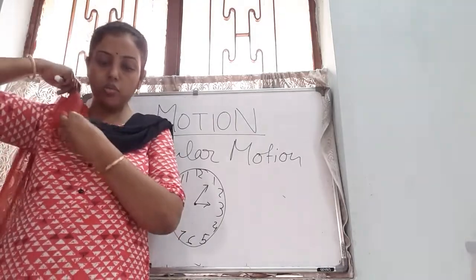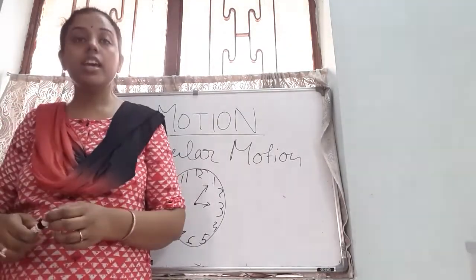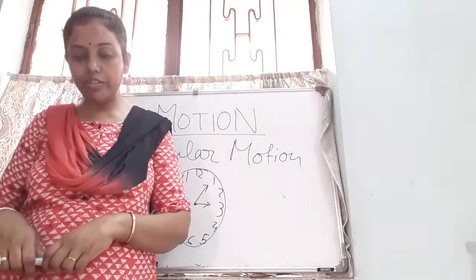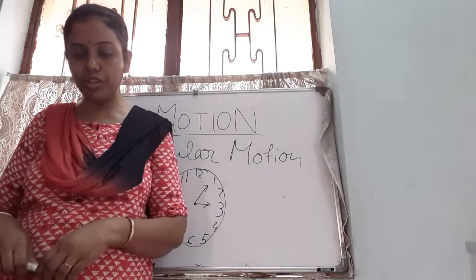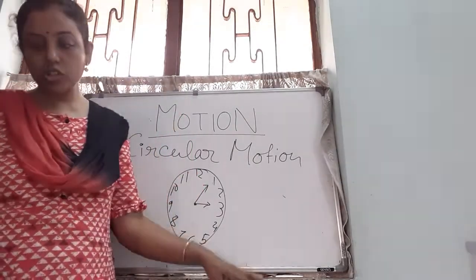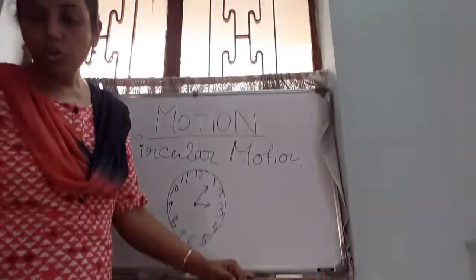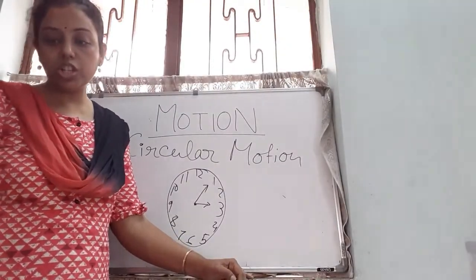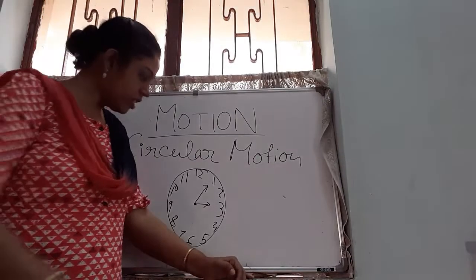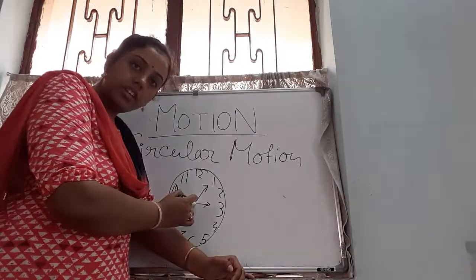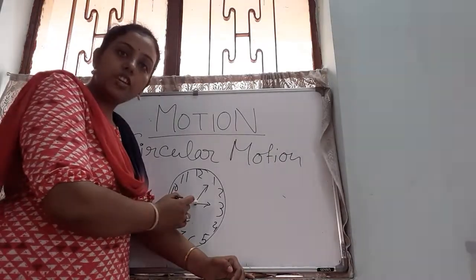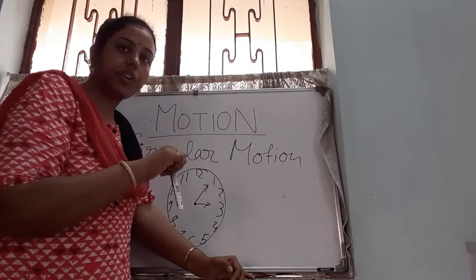So what is circular motion? Circular motion is a special type of curvilinear motion in which the distance of a moving object from a fixed point does not change. So this is the fixed point. Why is it curvilinear motion? Because it is not taking place in a straight line.